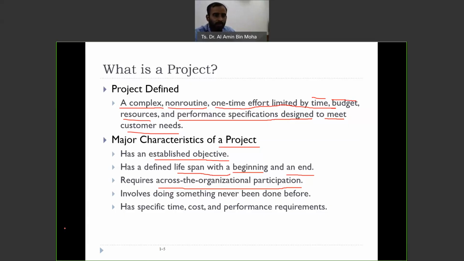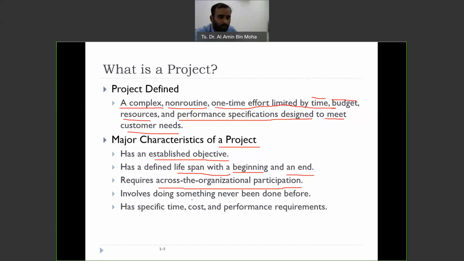In a company, you're going to have different departments. You have your production department, your HR department, quality control, quality assurance, even security, even the inventory people, the warehouse people. You need all of them to come together and work. This is what we call requiring across-the-organization participation.